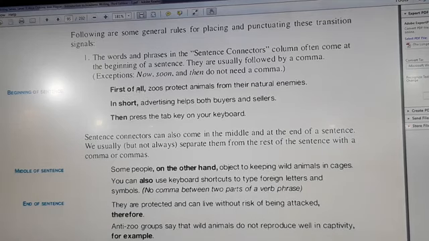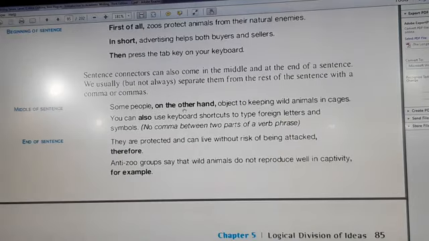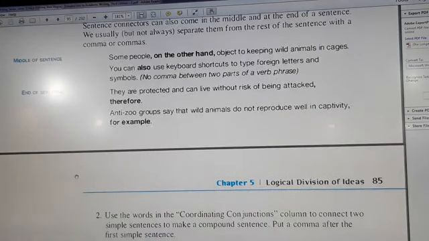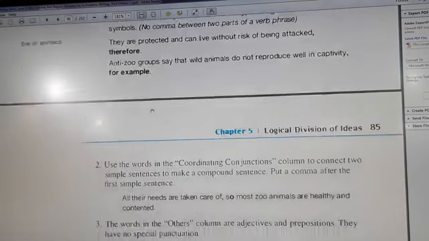Of course, with certain exceptions, not all of them. Or if they occur medial in the sentence, they are preceded and followed by commas, or if they occur final in the sentence, they are preceded by a comma. So initial, followed by a comma; final, preceded by a comma; and medial, preceded as well as followed by commas.